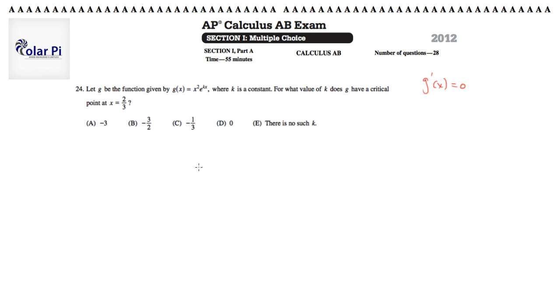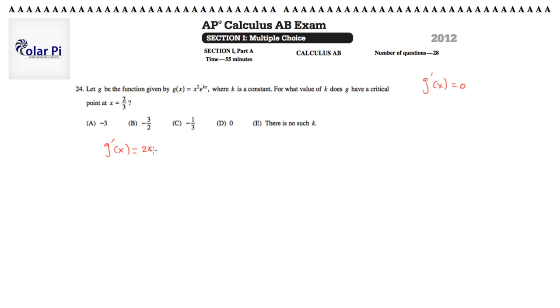k we will get 2/3. So first, g prime of x would have to equal, using the product rule between this guy and this guy. There's two separate functions, right? The first guy, let's call this f of x, and then this part g of x.